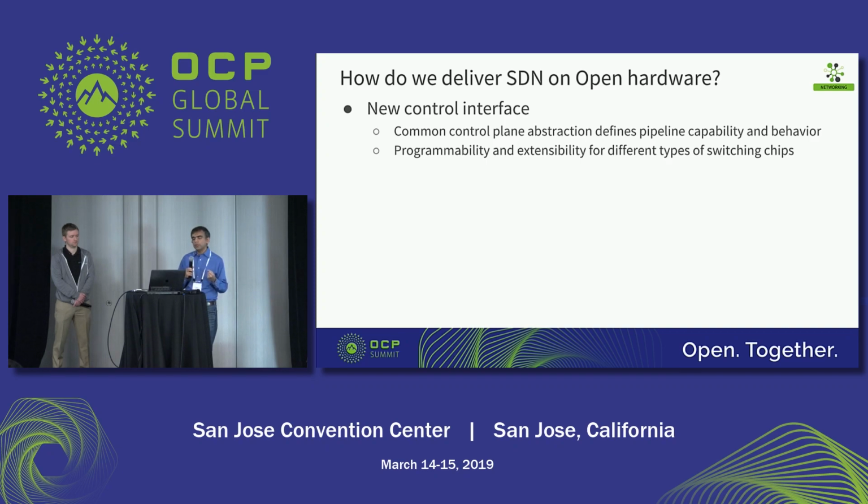You could have merchant silicon, white boxes, black boxes, whatever you might call it. We abstract this out using some sort of programming language or any other abstraction that you might want, and have this available to your control plane to then define the policies, to define flows, to define forwarding tables, etc.